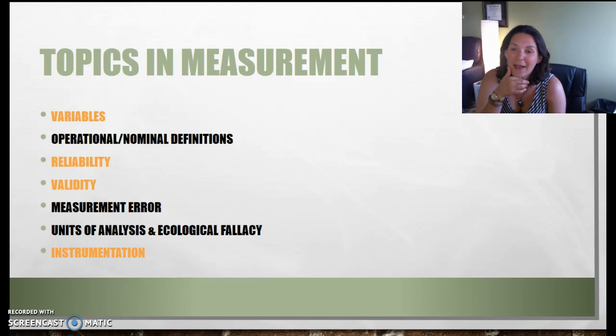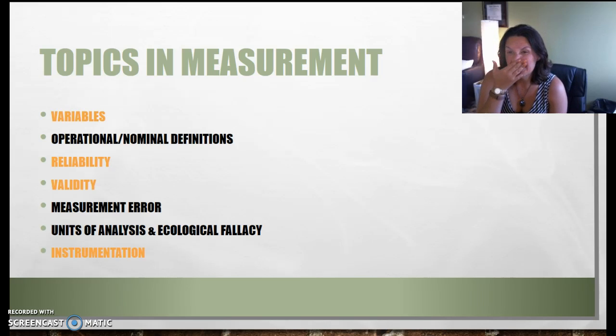The things that are in black, I'm either not covering at all or I'm going to say very little about, but I wanted you to know that you need to know what those things are. So this is almost like a reading guide slide for you. I'm not going to say a whole lot about the difference between operational definitions and nominal definitions, for example, but you do need to know that content.